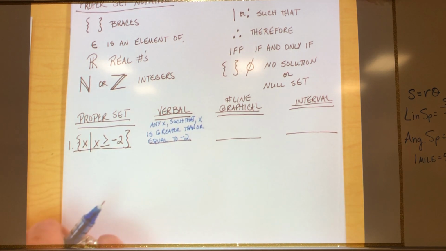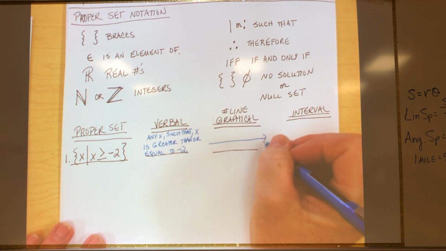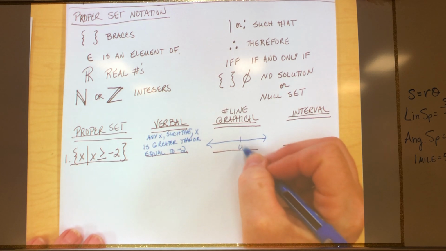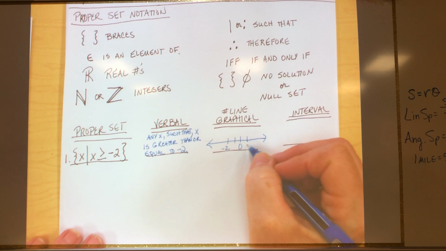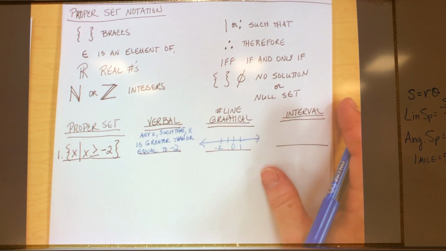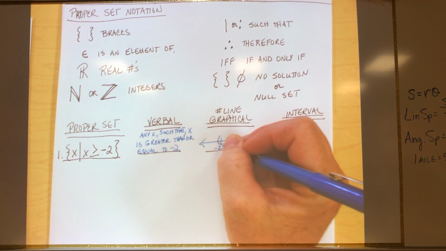Put it in braces. Okay, now we're gonna put it on a number line, so I'm gonna draw a number line. All right, I know the -2 has to be on my number line, and I like for a 1 positive to be on there. Okay? Now, I'm gonna circle the -2. Do I fill it in?